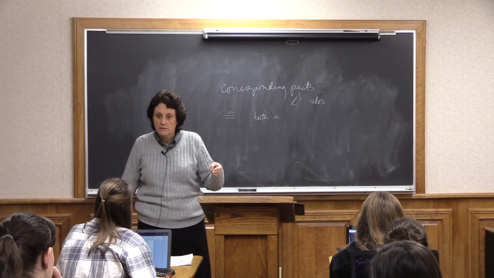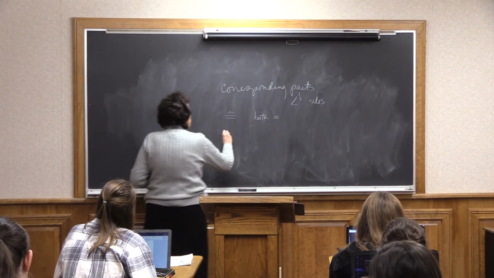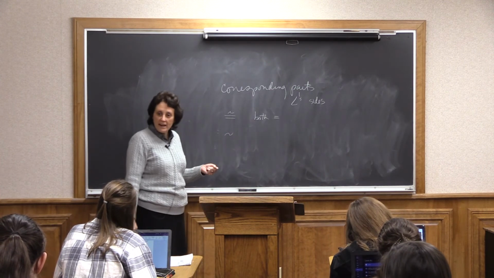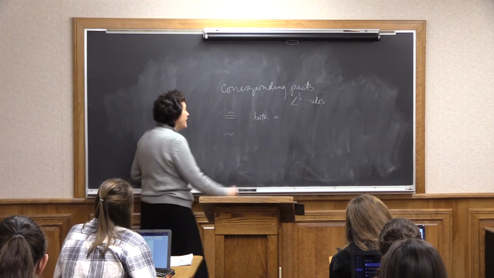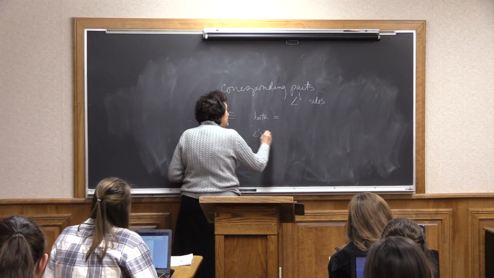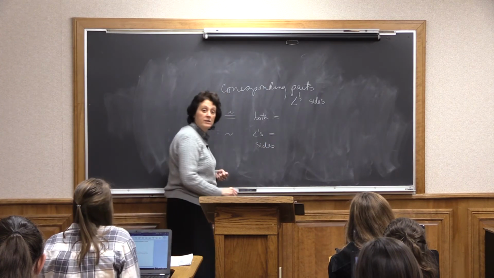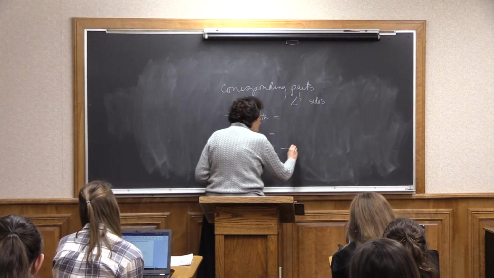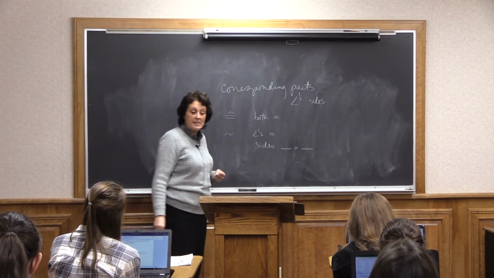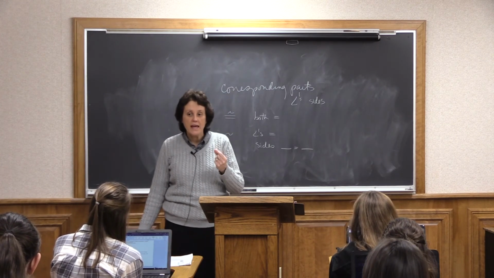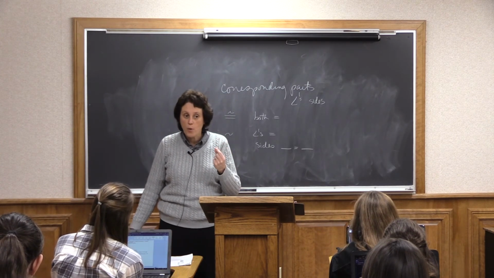Otherwise it's too vague. Similar. Similar, we're just mostly doing triangles. Similar triangles, the corresponding angles are equal, but the corresponding sides are in what? Proportion. So when we're dealing with similar triangles, we have to set up a consistent proportion.